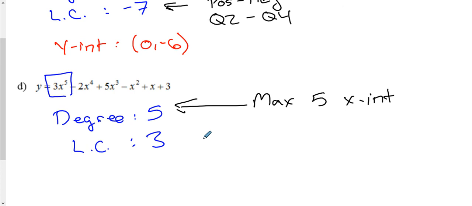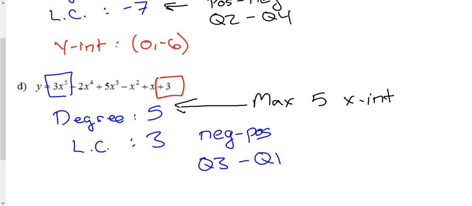That means you're going from negative to positive in terms of your y values. You ended up positive. So if it's degree 5, it's most likely quadrant 3 up to quadrant 1 for negative to positive. And of course, we do have a y-intercept right there at the end. That's going to be at 0 comma positive 3.